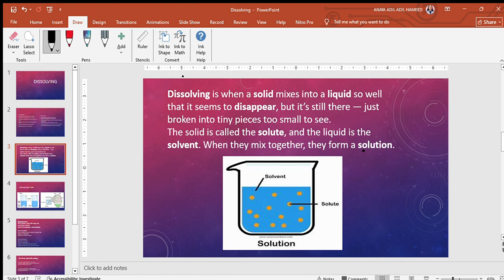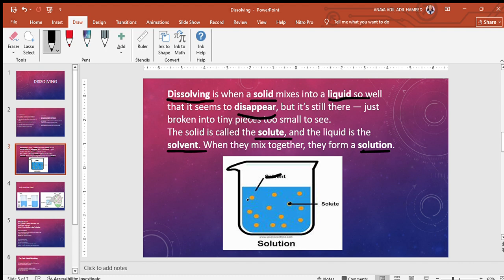So let's underline the words that were really important: dissolving, solid, liquid, disappear, solvent, solute, solution. Dissolving means when you mix two things together. The solid is called the solute, and the liquid is called the solvent.